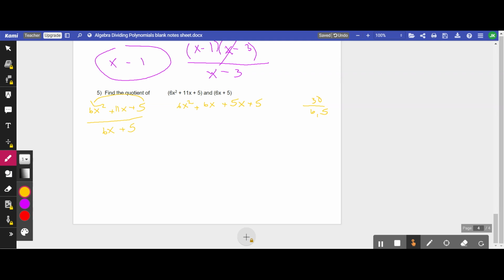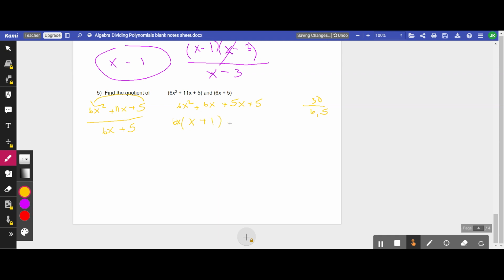So for the 6x squared plus 6x, your number GCF there will be 6, and you can take an x from both of those also. So you'll have your 6x on the outside of the parentheses then. And then you're figuring out 6x times what will give you the 6x squared. So that would have to be just an x there. So you'll have x plus, and then 6x times 1 will give you the 6x.